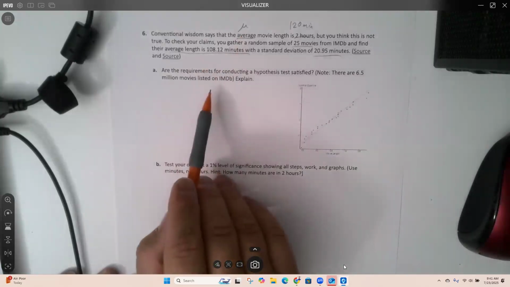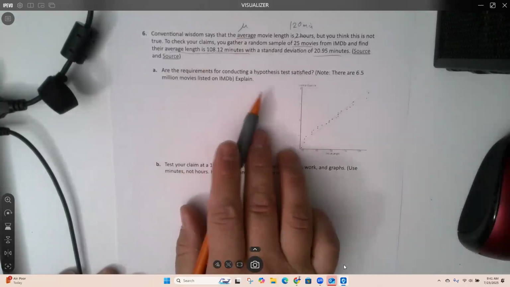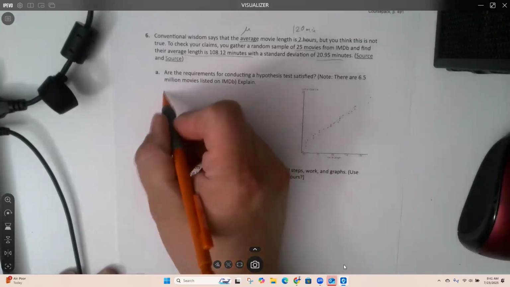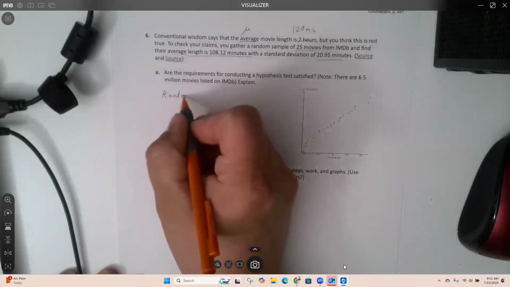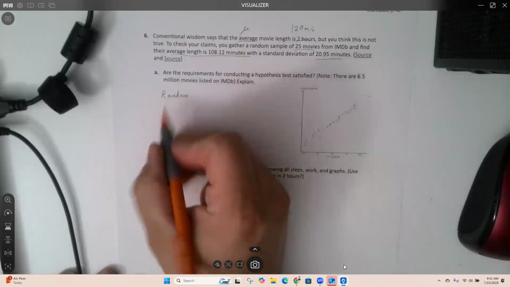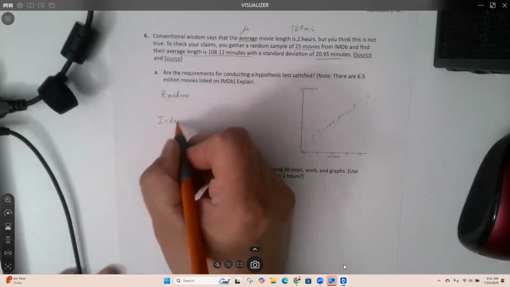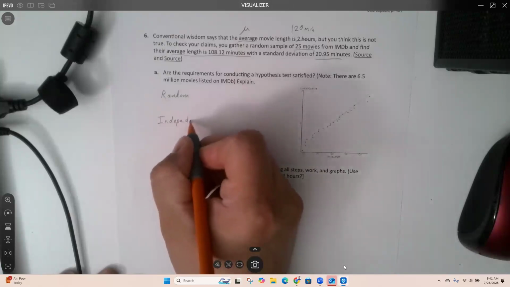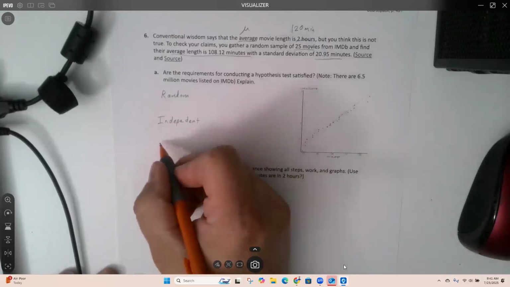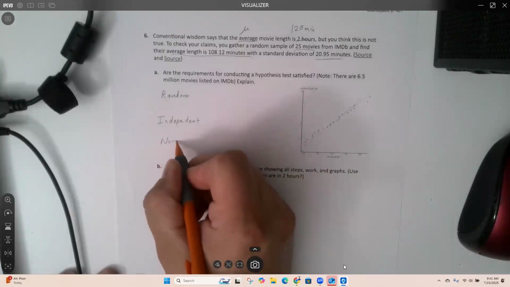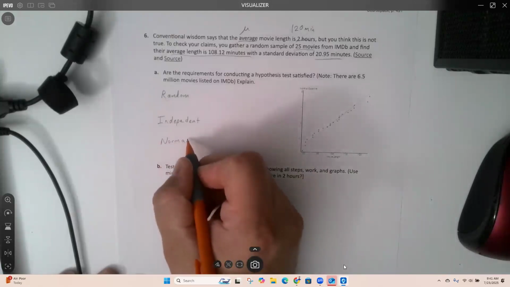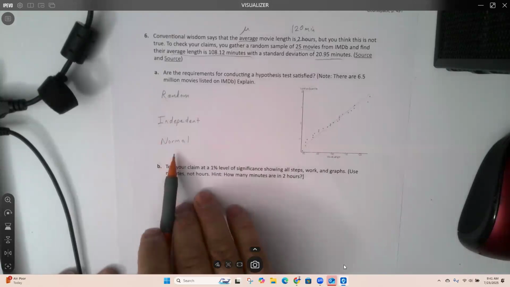Are the requirements for conducting a hypothesis test satisfied? Just like before when we were checking the central limit theorem or whether we can build confidence intervals, it's the same steps to check: random, independent, and normal.